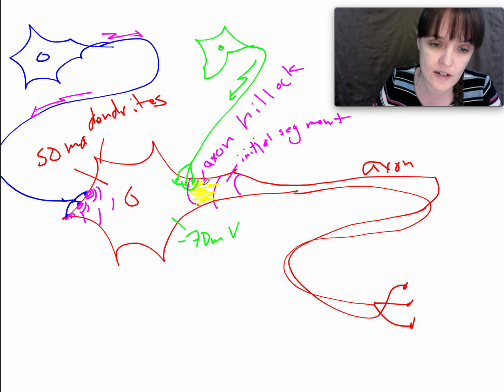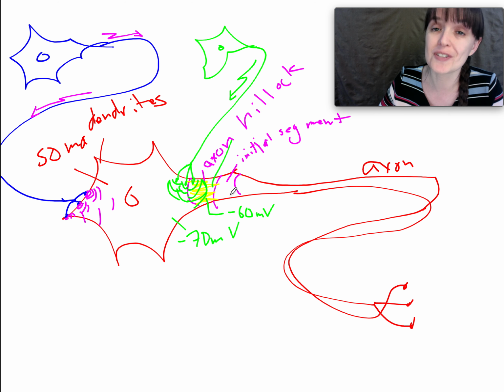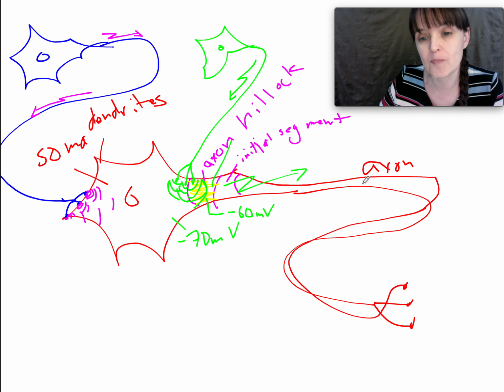The negative 60 millivolts at the axon hillock brings the initial segment to threshold and starts the action potential in the postsynaptic cell, which gets propagated down to the end and causes the release of a neurotransmitter into these synaptic clefts at the ends of these synaptic knobs. There's another cell here, or 5, I don't know.